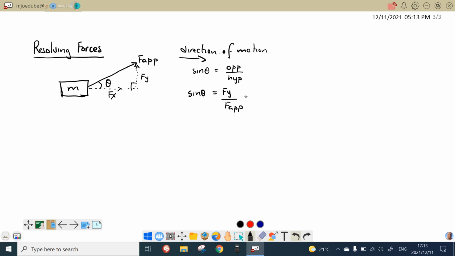And so what do we do? We simply multiply both sides by the Fap, and you will have Fy being equal to Fap sine theta. Whatever the value of the applied force is, multiply by the sine of the angle theta to the horizontal, and that is going to give you the Fy, or the vertical component.